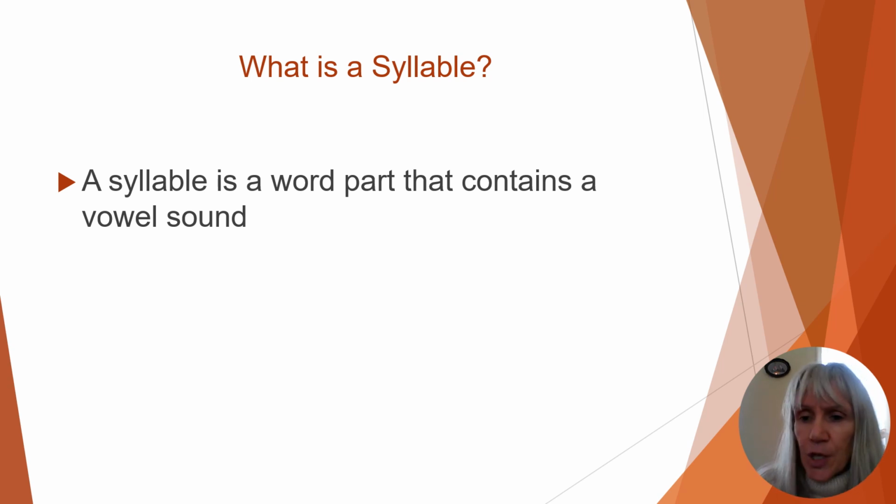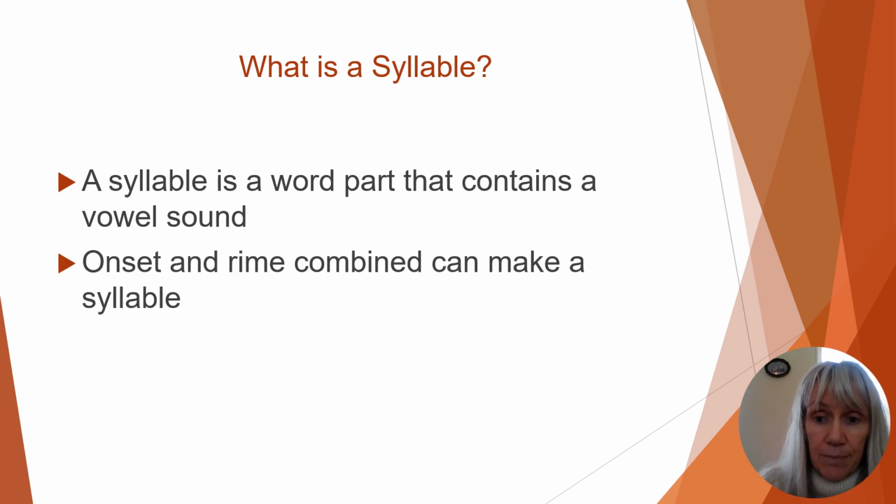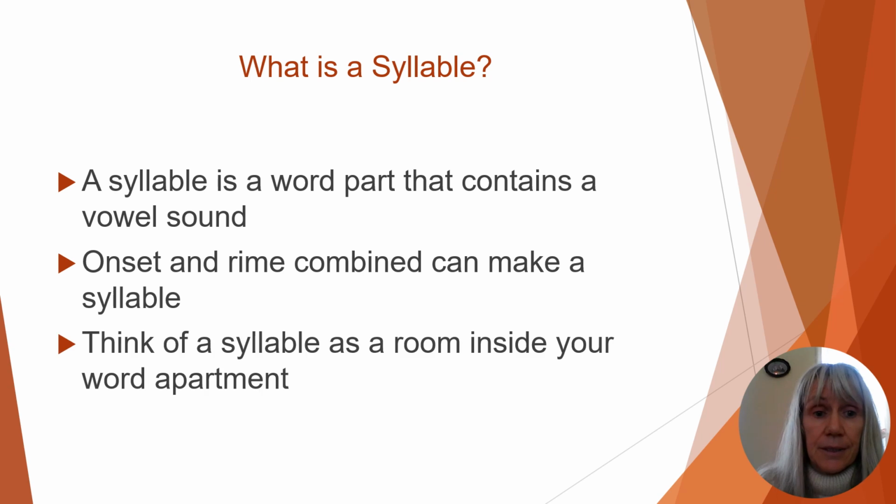And it's so important to note that it is not a syllable unless it contains that vowel sound, a vowel phoneme. Onset and rhyme combined can make a syllable, because if we have our onset and rhyme, it could be in a word or a word part, and that can be a syllable.